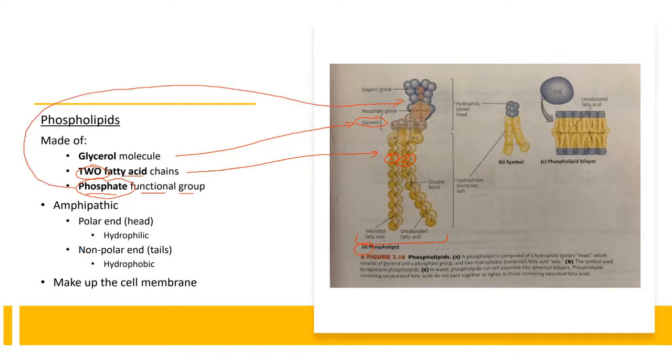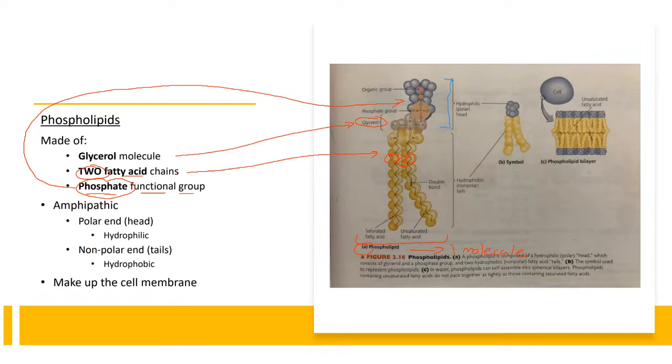And because it has a bunch of negative charges here with a phosphate, guess what we have done? This is one molecule, ladies and gents. A phospholipid is one molecule. But this one molecule is going to have this part, the phosphate group.